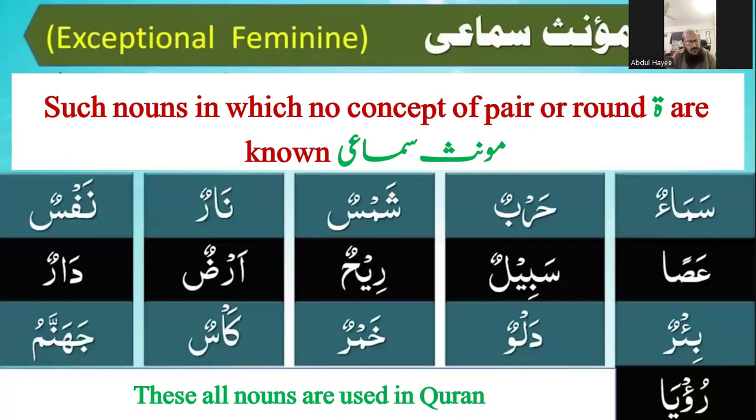Ardun, earth. Kasun, the bowl or the cup. Nafsun, mean the self. Darun, house. Jahannam, the Jahannam. They are 16 words used in Mus'haf, and they all are feminine. Though they have no sign of feminine, they don't have a real opponent in feminine and masculine.